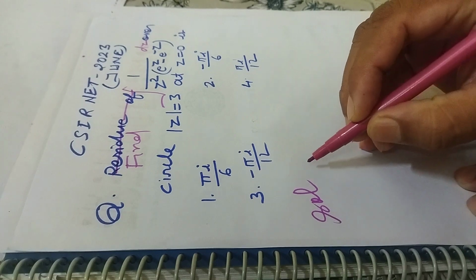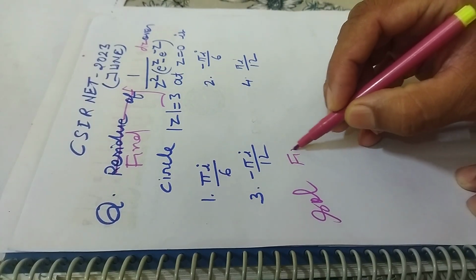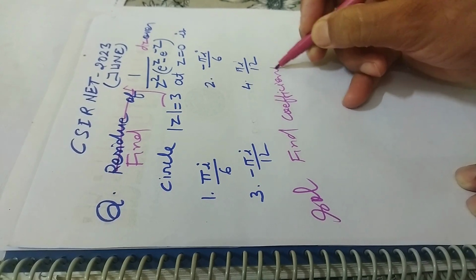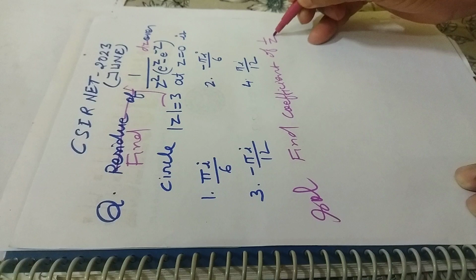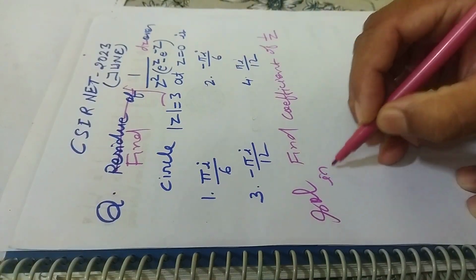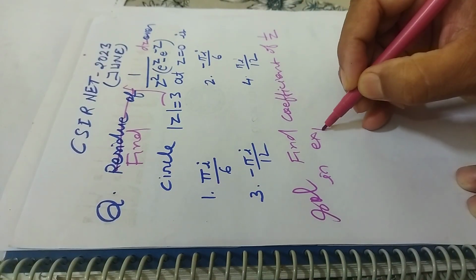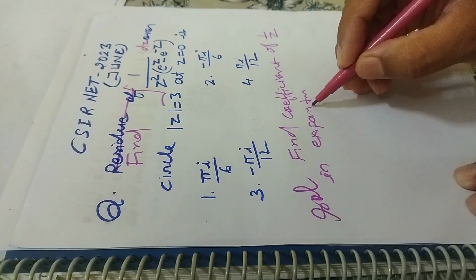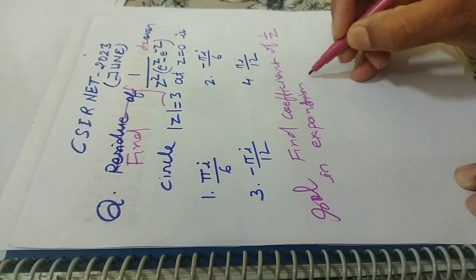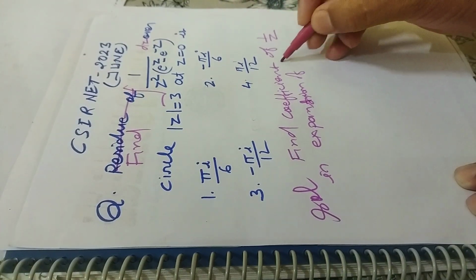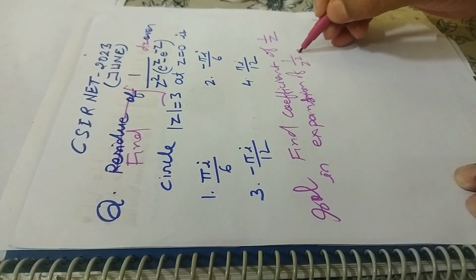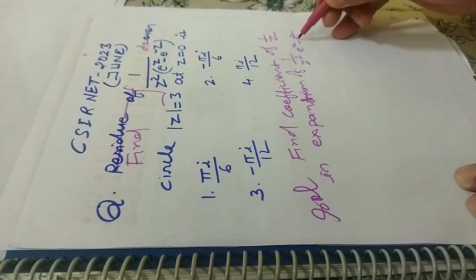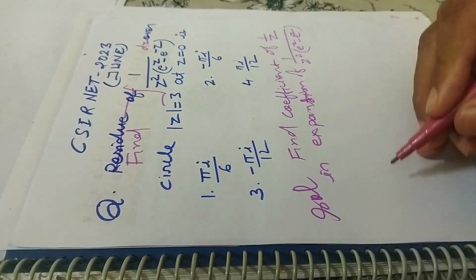First of all, find the coefficient of 1 upon z in the expansion of 1 upon z square, e to the power z minus e to the power minus z. Okay, so let us start.